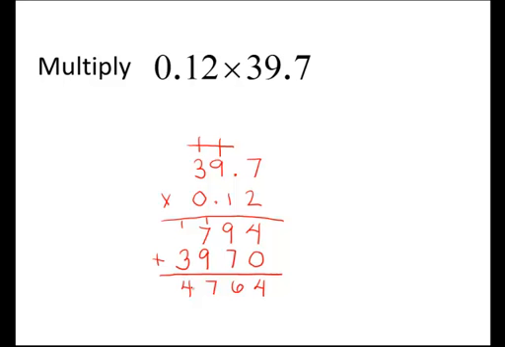I need to move from the right towards the left 3 places in order to place the decimal point in my answer. So the answer to this question is 4.764.